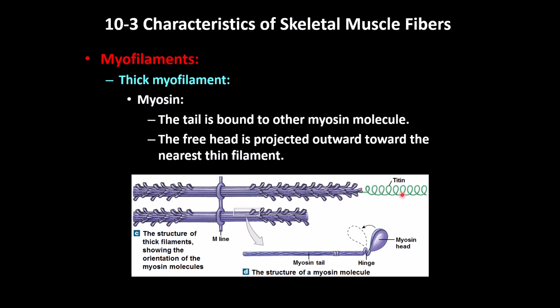It comes all the way from the M line, goes inside, is twisted here, and then connects with the Z line. So if the muscle is stretched, the titin can contract, or if the muscle is contracted too much, then it can spring back. So the main function of titin is to bring the muscle back to its normal length.